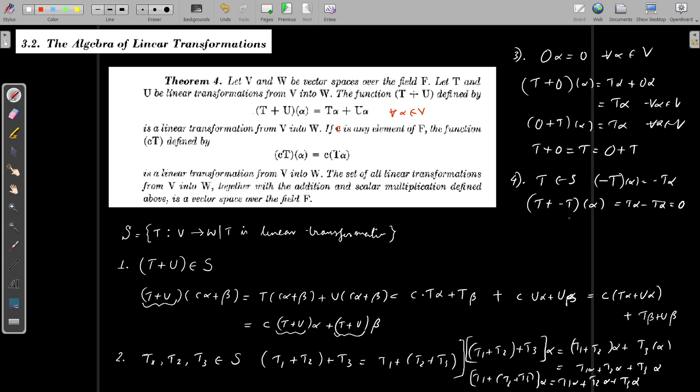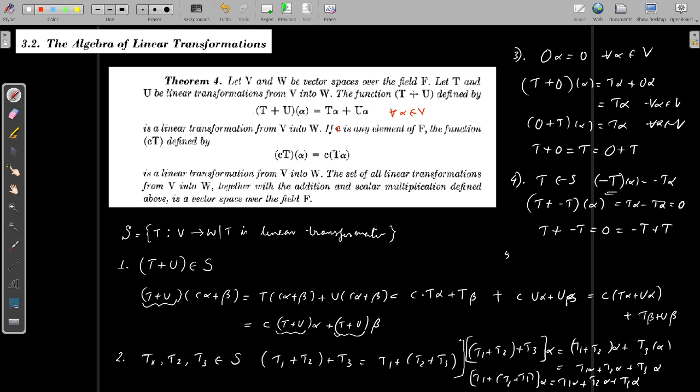Similarly, you can prove minus T plus T. So this shows that T plus minus T equals 0 equals minus T plus T. So once T belongs to S and you define minus T in this manner, you can say that minus T plus T equals 0. Now it remains to prove that minus T is also an element of this S. That we will prove in the next session on the axioms of scalar multiplication.